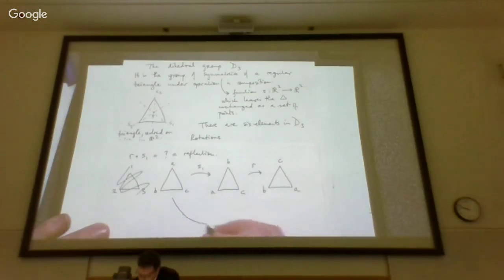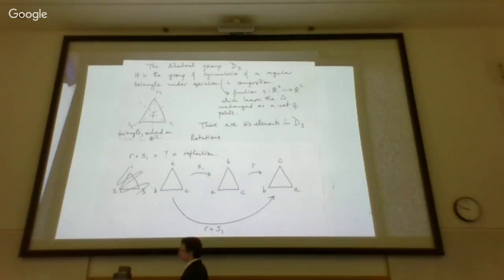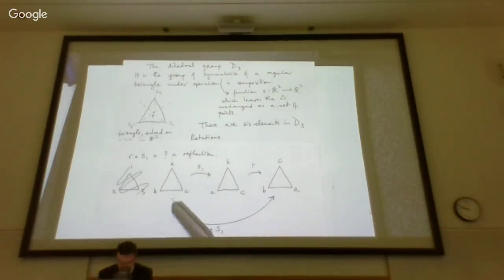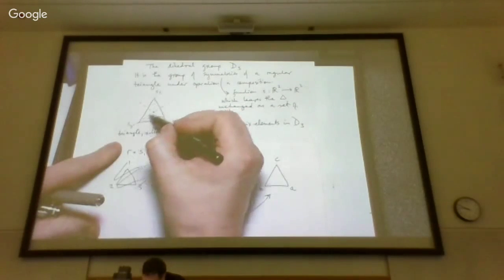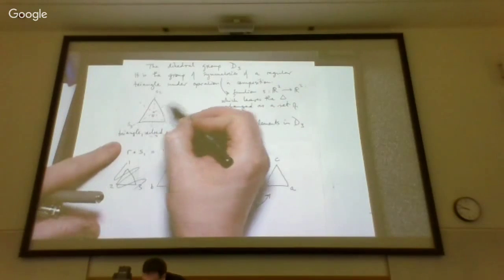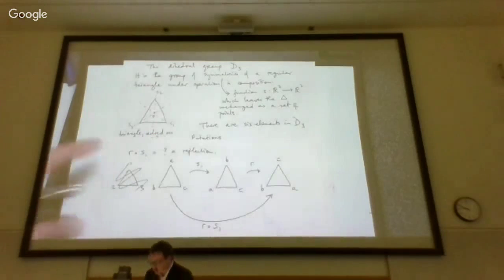So this whole transformation here is R after S1. That's compositional. What single one-step symmetry is that? You can tell by looking at the vertices. S3 is the correct one, because look, S3 is this reflection axis here, from the bottom left vertex through the midpoint to the opposite side.